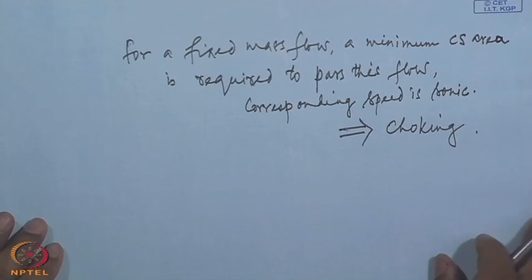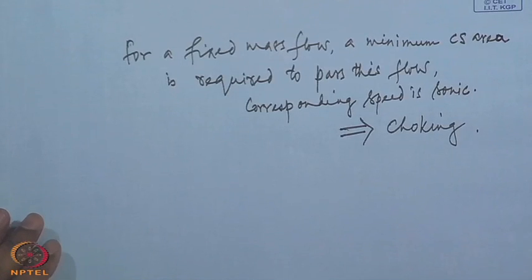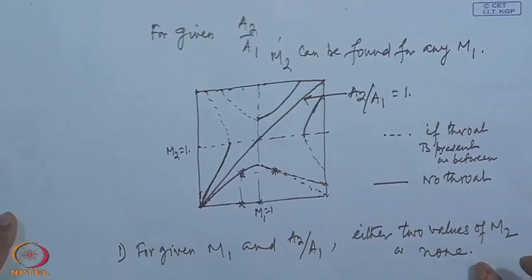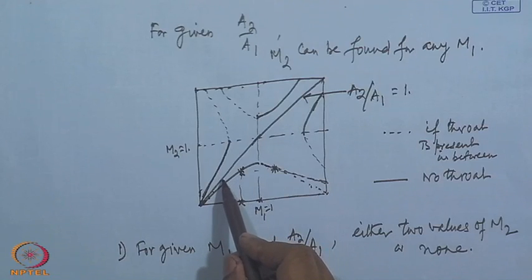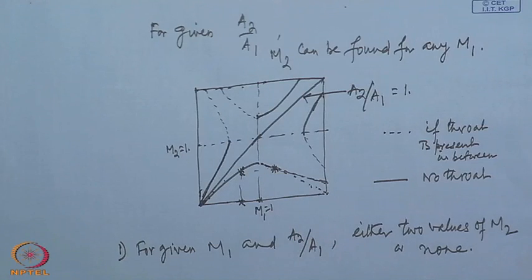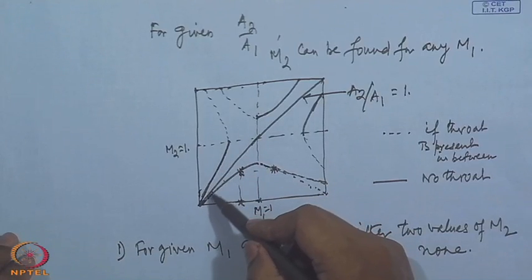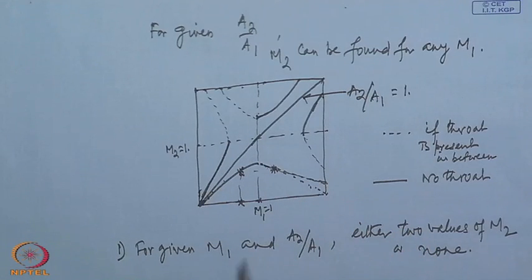Now, let us come back to this curve once again. Consider subsonic flow at station 1. If A 2 equals A 1, then all conditions at 2 will be identical to 1. That is, a purely isentropic flow in a uniform duct is uniform. Now, a slight reduction in A 2 will produce some effects at 2 and will comprise an increase in M 2 and of course a decrease in P 2 and T 2.